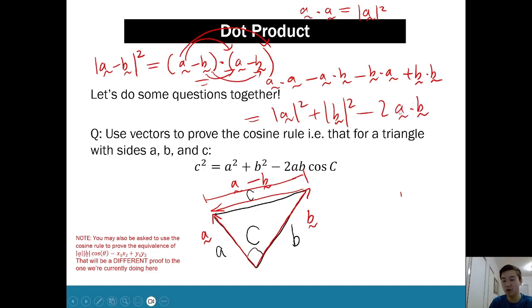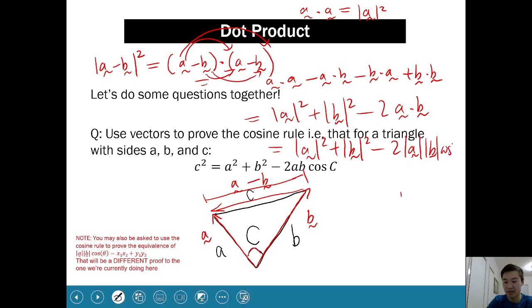Now here's the thing, we also know the geometric definition of the dot product, we can say that the dot product of a with b will simply be the magnitude of a times the magnitude of b, times cos of whatever the angle is between them. In this case, the angle between vectors a and b is just going to be capital C. So remember, the magnitude of a minus b squared, we said that's equal to c squared.